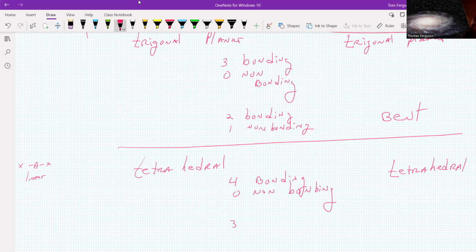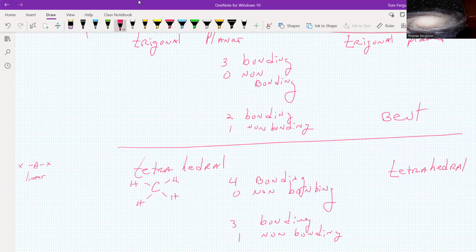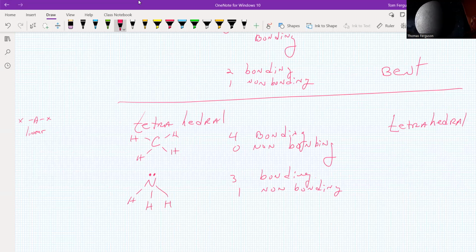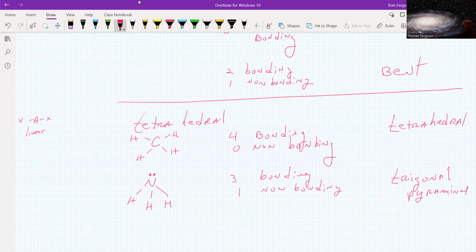If we have three bonding, one non-bonding, like ammonia, this is going to be trigonal pyramidal.